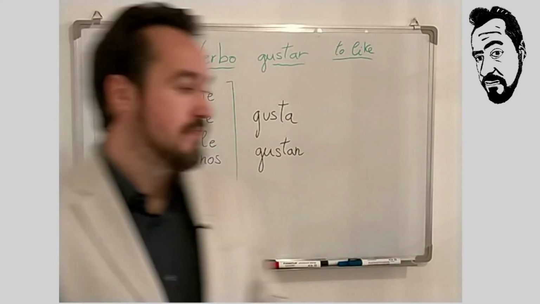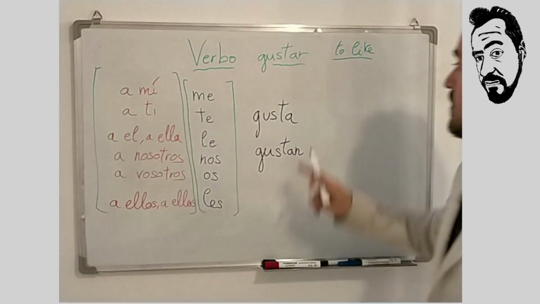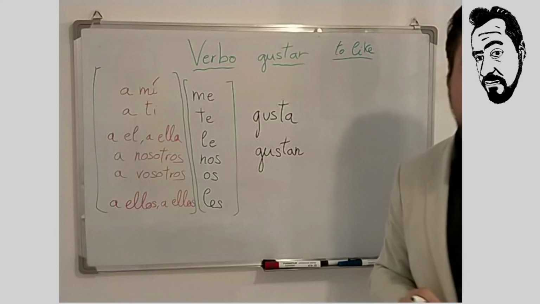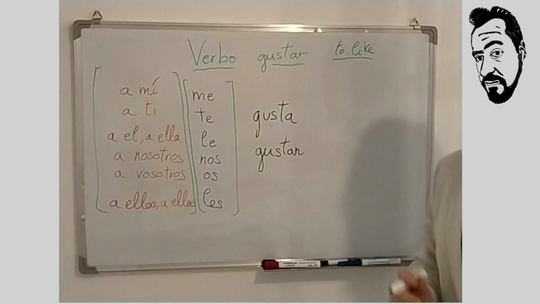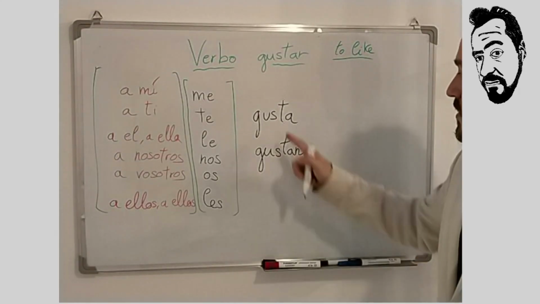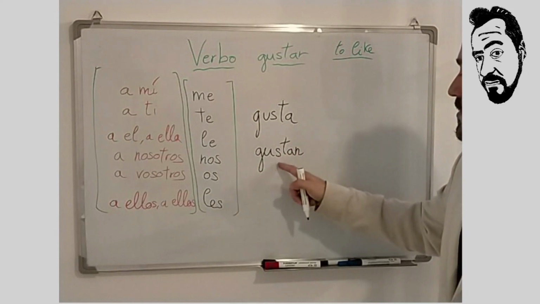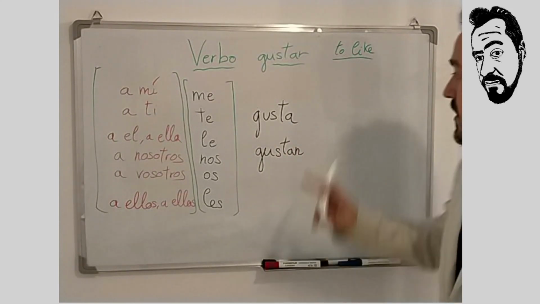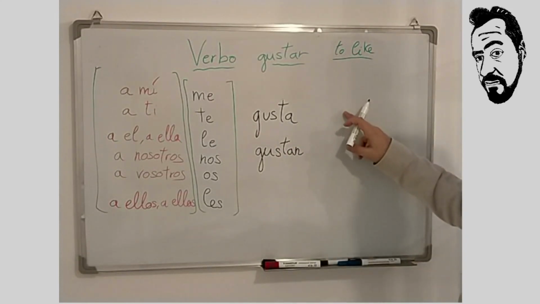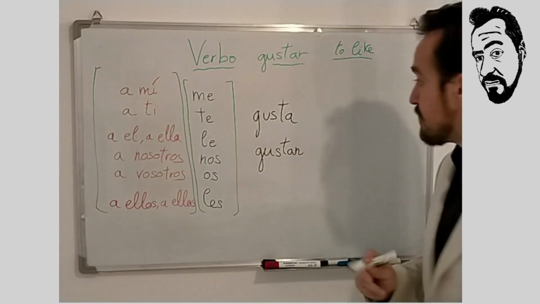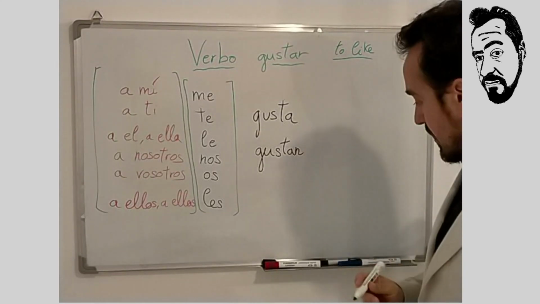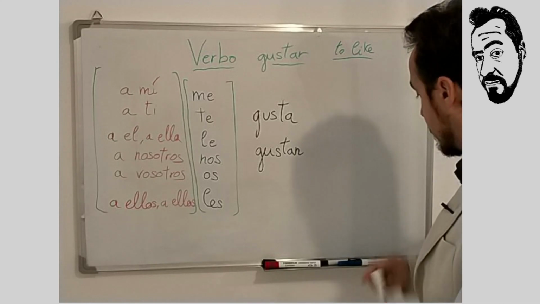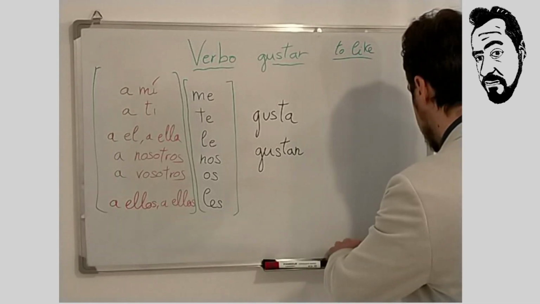Now, these two verbs here, gusta, gusta, is going to be either singular or plural if we talk about one thing or more than one thing. So I'm gonna write a few examples. I'll write it in blue, for example.